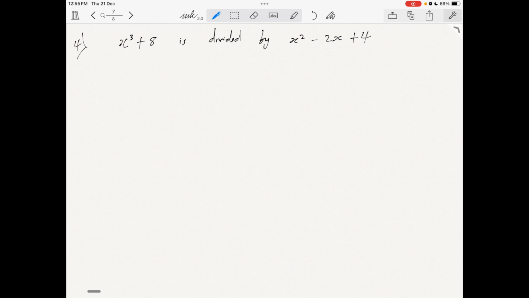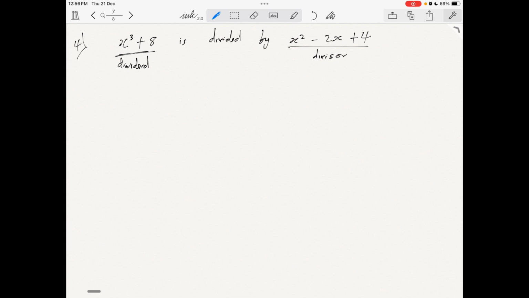This is the dividend, and this is the divisor. You notice that the dividend just has x to the power 3, it doesn't have x squared, it doesn't have x, and the divisor looks normal. Okay, so let's do this like this.